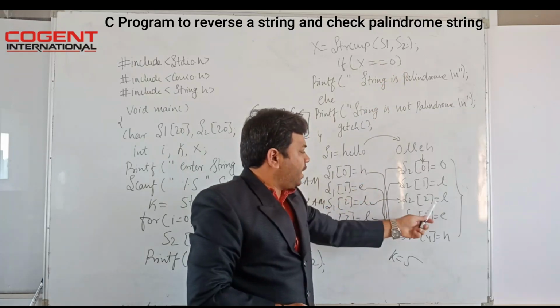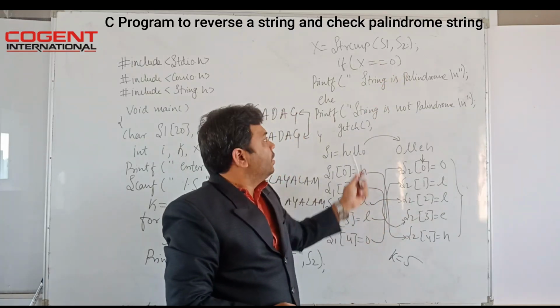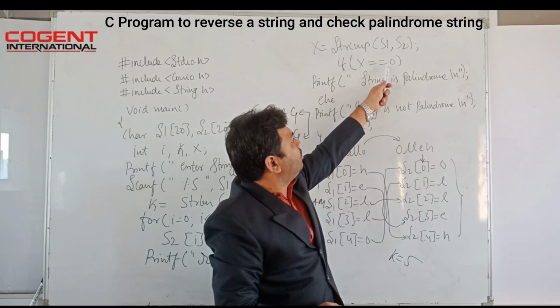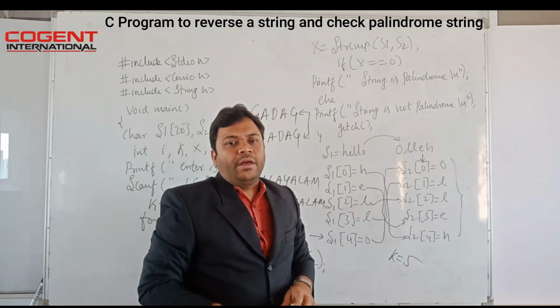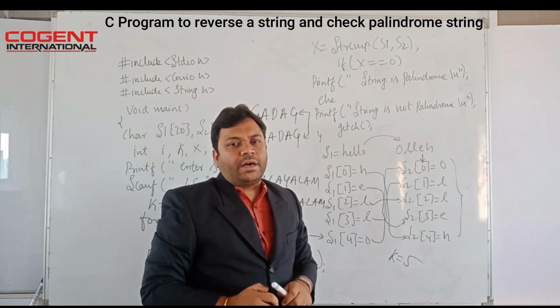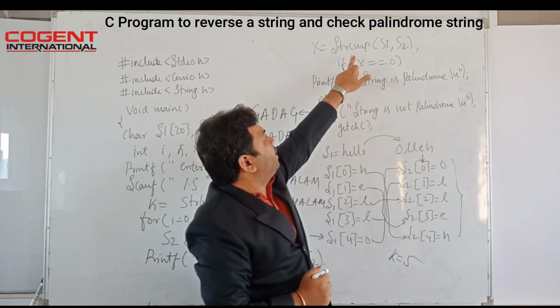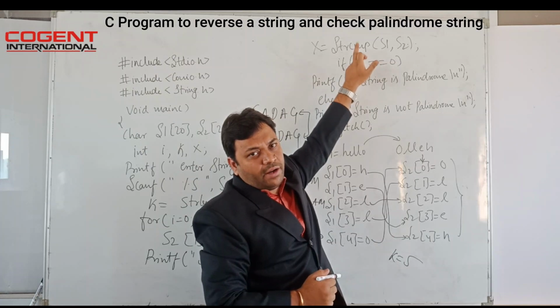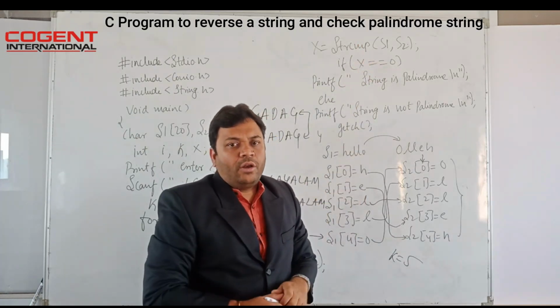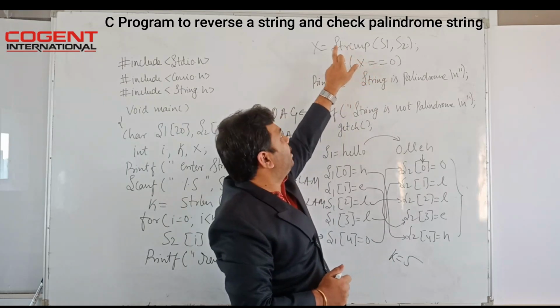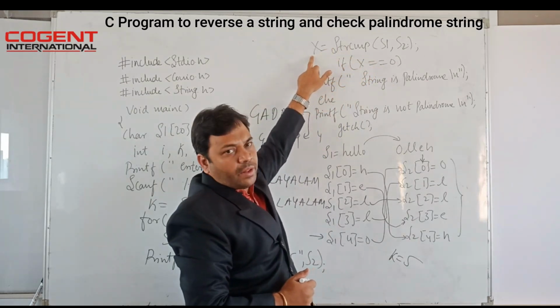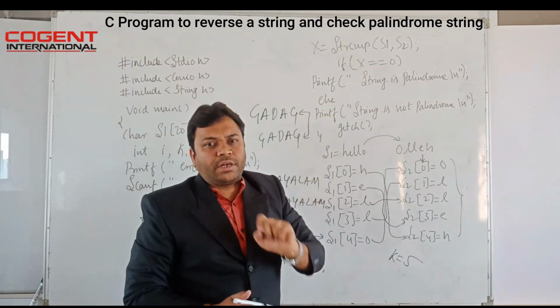If two strings are equal, so if x is equal to 0, right, in string compare we have seen if two strings are equal, then this function will return 0, otherwise it will return non-zero here. So if this function returns 0, that value is stored into x here, indicating that the two strings are equal.